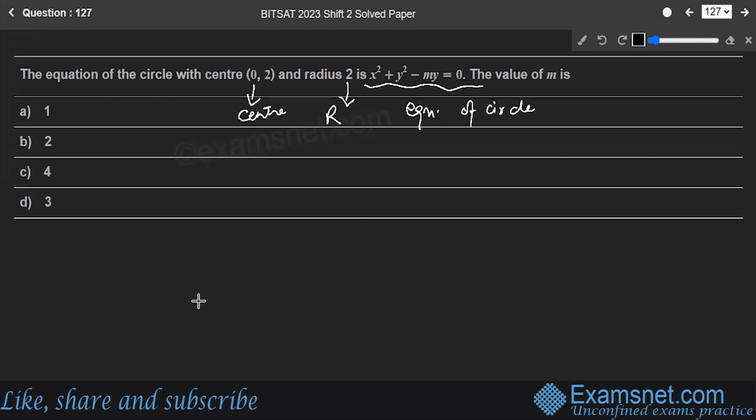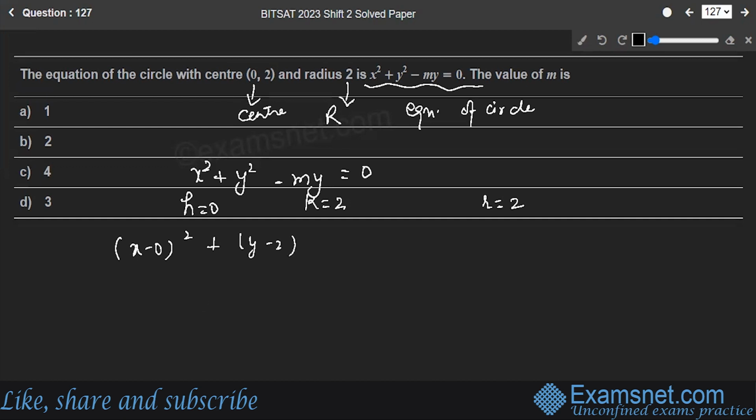Okay, fine. So here if I see this equation, x square plus y square minus my is equal to 0. Here you have h as 0, you have k as 2, and the radius is already given to you as 2. Therefore, the equation of the circle is (x minus 0) square plus (y minus 2) square is equal to 2 square. Or you have x square plus y square minus 4y plus 4 is equal to 4.